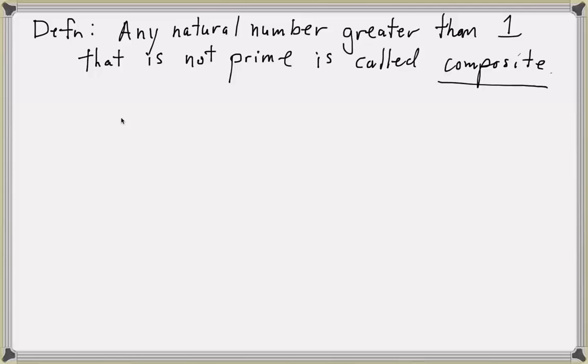So the number 1 itself is, again, not composite. Not every natural number is prime or composite, but every number greater than 1 is either prime or composite.